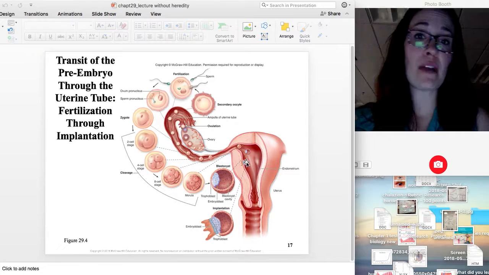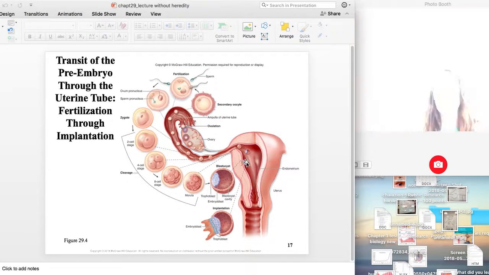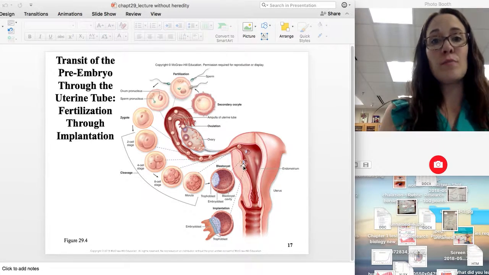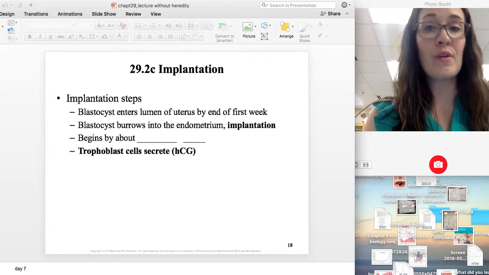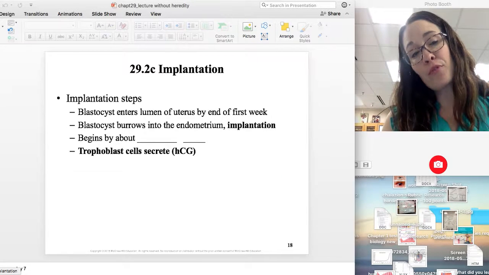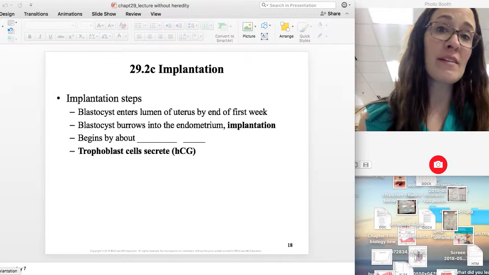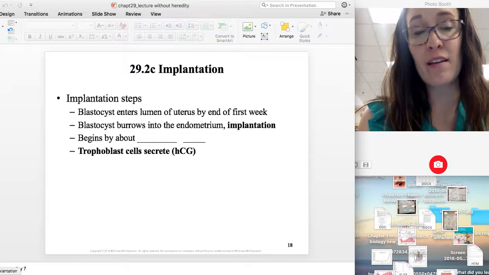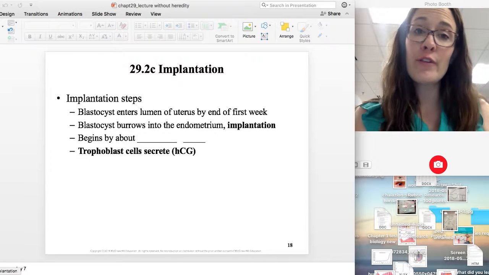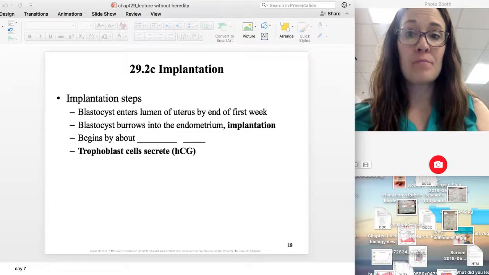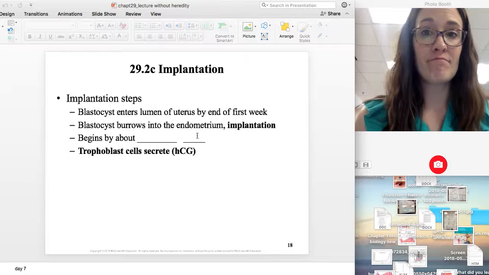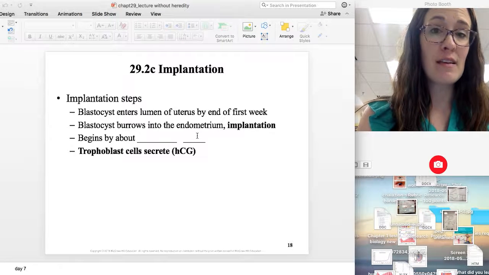So it becomes a blastocyst, and then it will have to burrow into the uterine lining. The burrowing is called implantation. This happens by the end of the first week, meaning a week after fertilization happened. And so day 7 is when implantation happens.